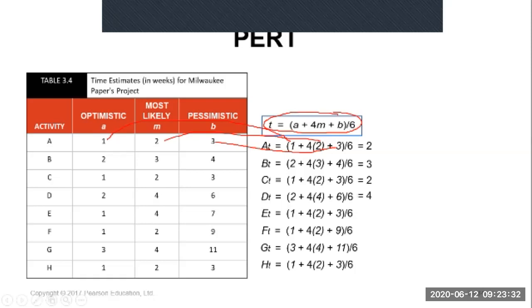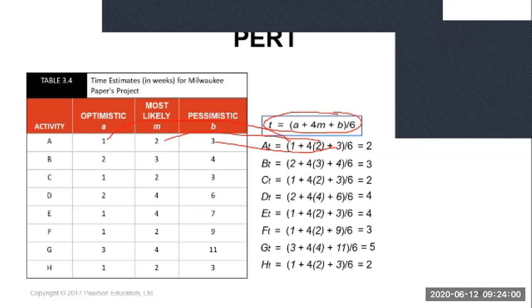We call this the estimated time because it is based on these 3 times. Estimated time for E is 4, for F is 3, G is 5, and H is 2. So this is the estimated time for each activity. You have to calculate this. Any question?